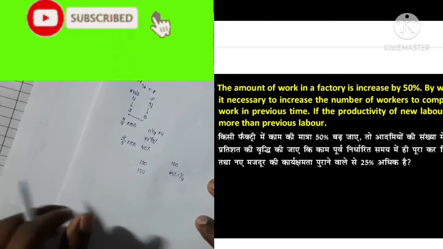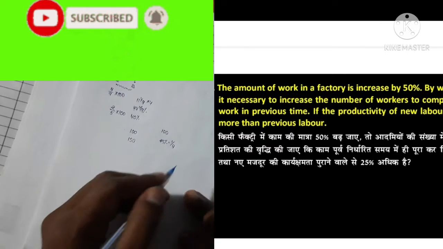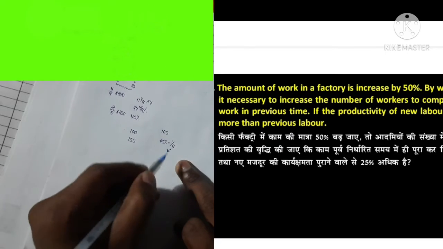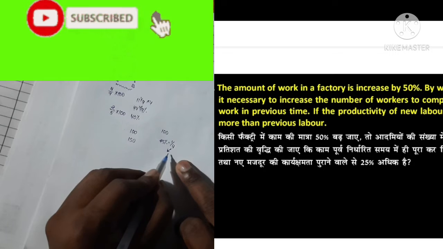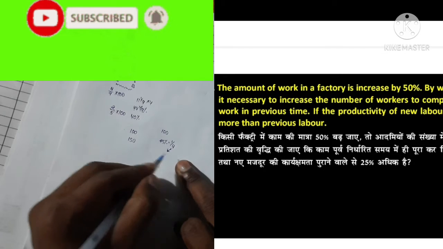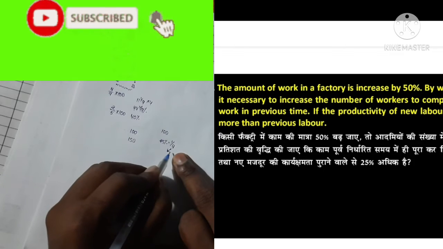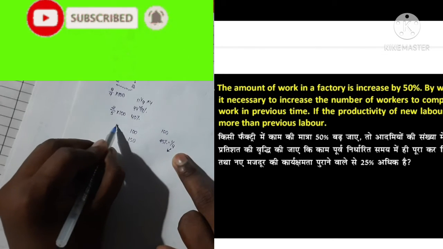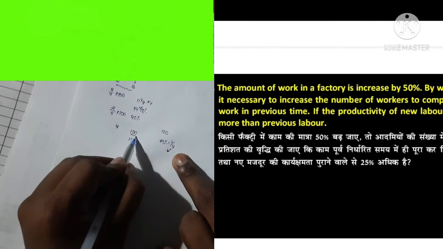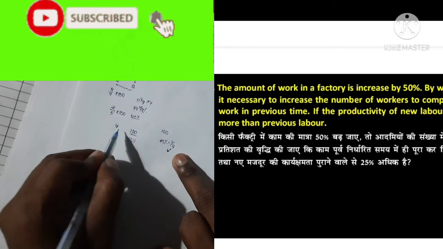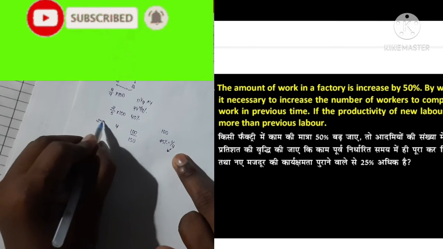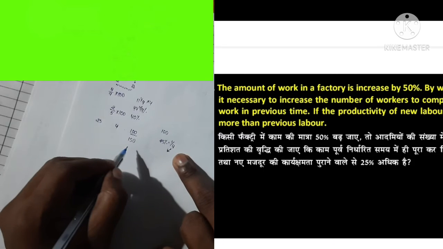So new productivity is 4. So total work is equal to 100. So 100 by 4, that means total men are 25.